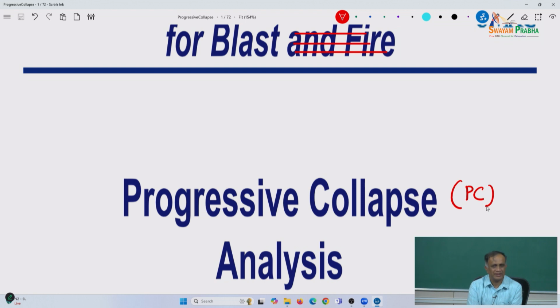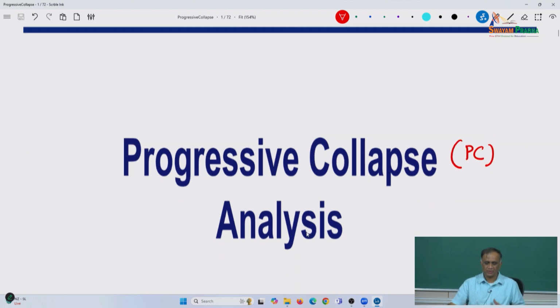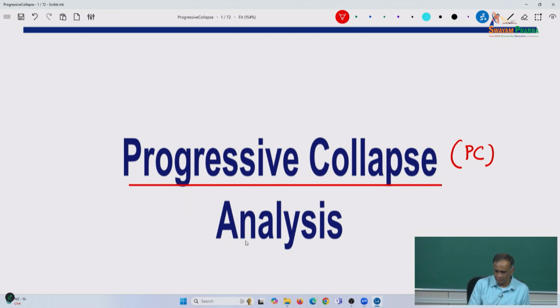In those cases you can do something simpler, regular structural analysis, and come up with what is known as progressive collapse. As the term suggests, it means that a structure is progressively collapsing due to the failure of one element.